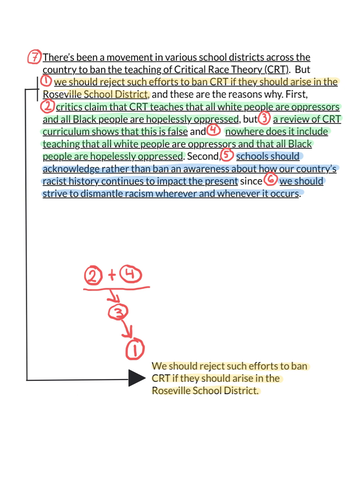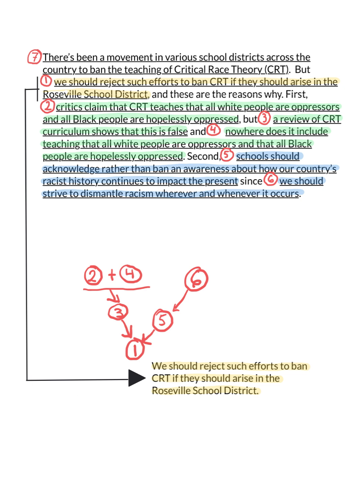So what we've got here is a chain argument. And that chain works from 6 to 5, which then supports our overall conclusion.